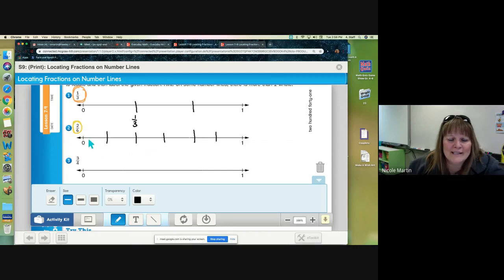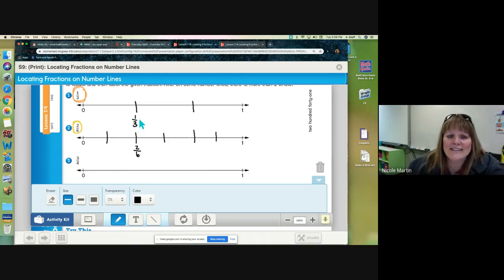So now I have 6 parts. Let's count them. 1, 2, 3, 4, 5, and 6. So 6 equal parts. I want to show 2/6. 1/6. So 2/6 would go right here. Hey, look at that. 2/6 is equivalent to 1/3.